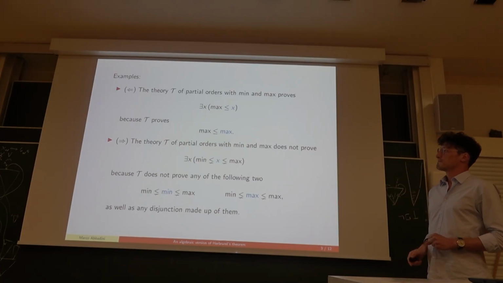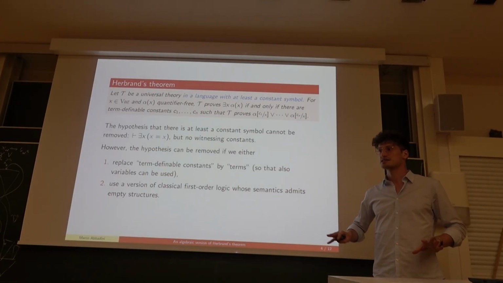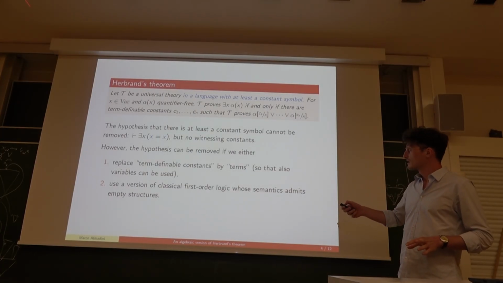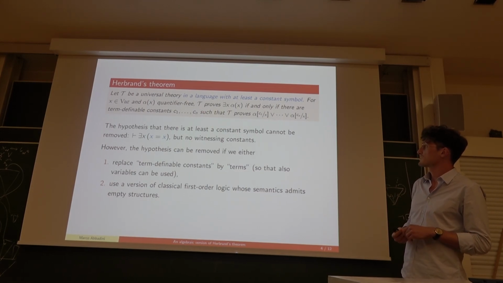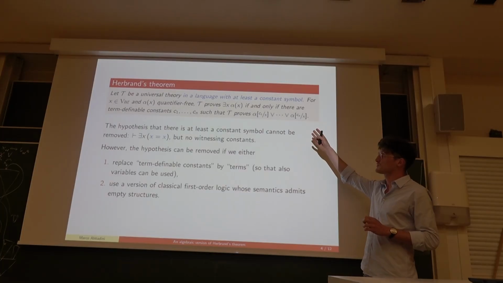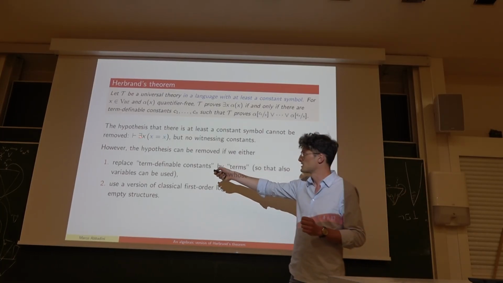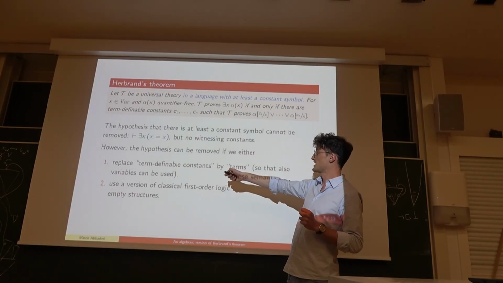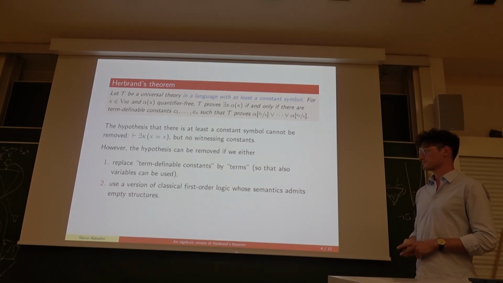All right, and okay, just as a side note, this hypothesis that the language has at least a constant symbol is needed because otherwise, for example, exists x equals x can be proved, but we might not have enough witnessing constants.